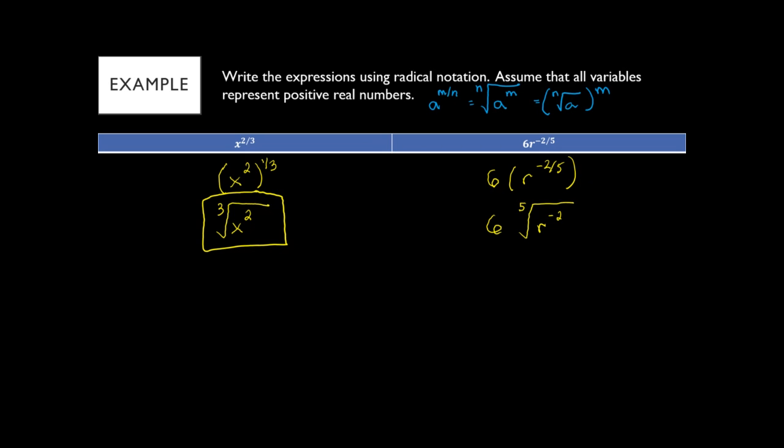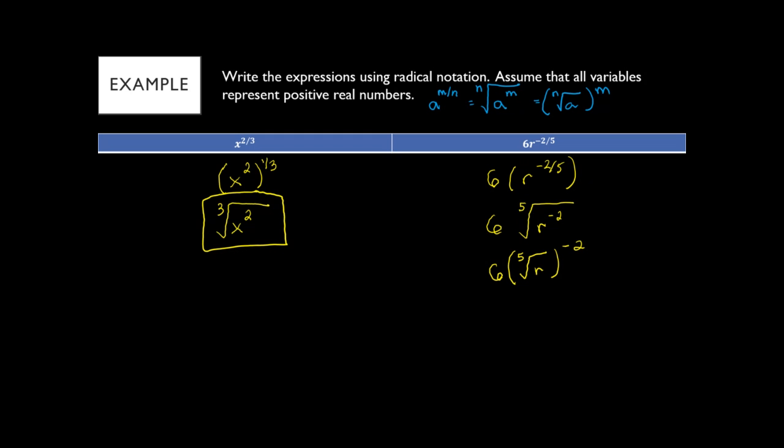And when I have negatives as my exponents here and I'm trying to put them in radical notation, I actually find that the second version is a little bit easier for me. So I'm actually going to use the second version where this is the 5th root of r and then put the negative 2 exponent on the outside, because it's a little easier to work with that than what happens when you have that negative 2 on the inside.